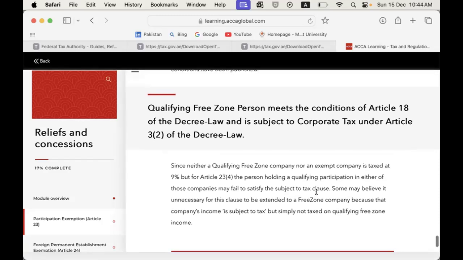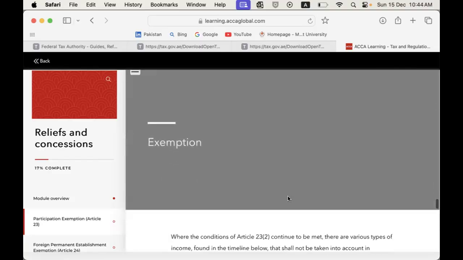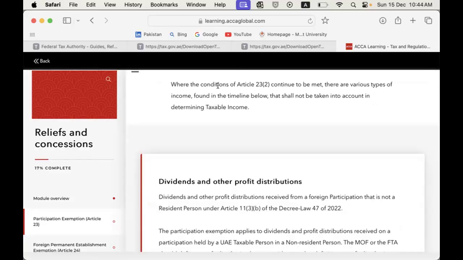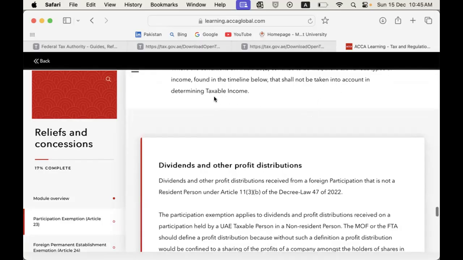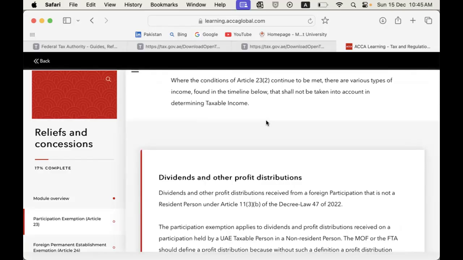So let us have a look at the exemption, where the conditions of this Article 23 continue to be met. There are various types of income found in the timeline below that shall not be taken into account in determining the taxable income, meaning those incomes will be considered as exempt. So this is a practical point that I am raising here.